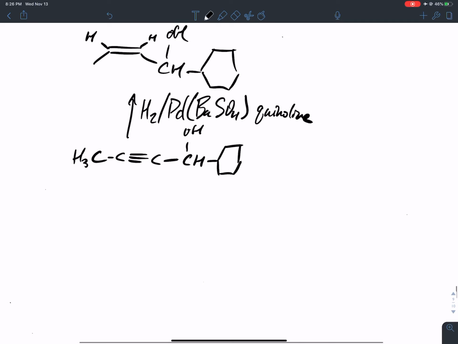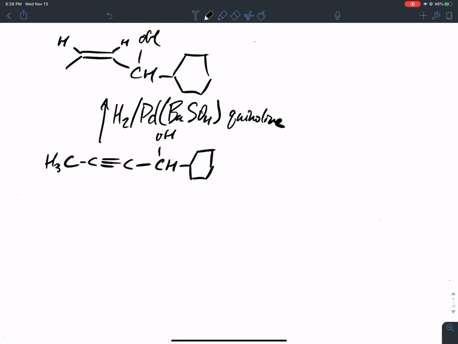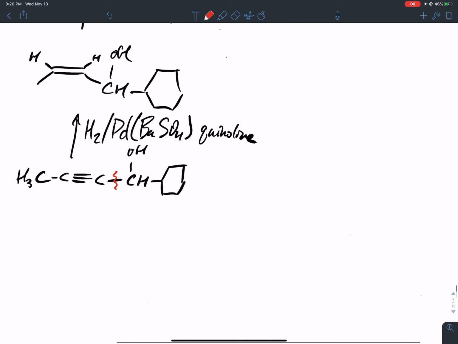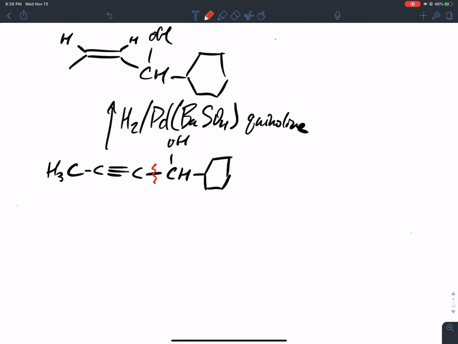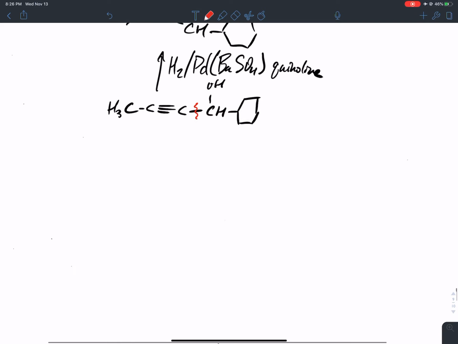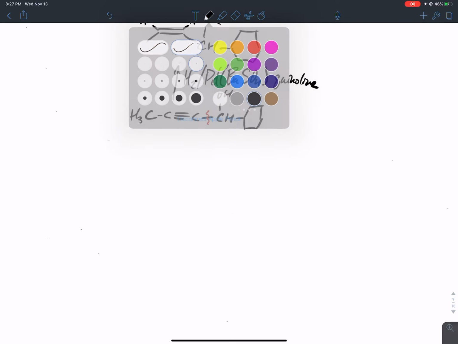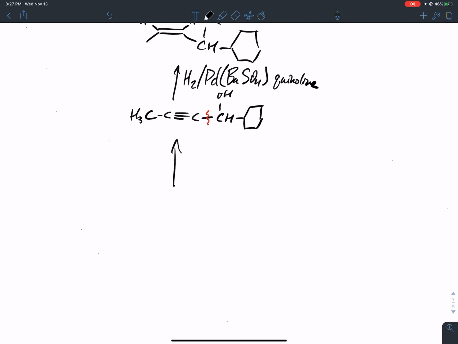Looking here, we have our triple bond next to an alcohol. Remember we said we liked alcohols for carbon-carbon bond formation, right? And we can break the bonds immediately adjacent to those alcohols, right? That should be your general target. Breaking the bond next to an alcohol is great. So we're going to form a carbon-carbon bond here.